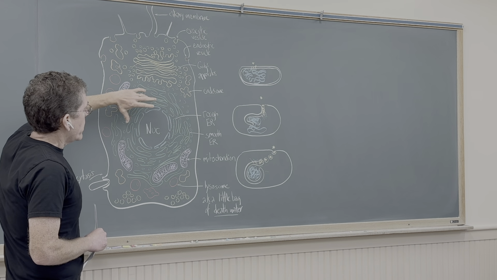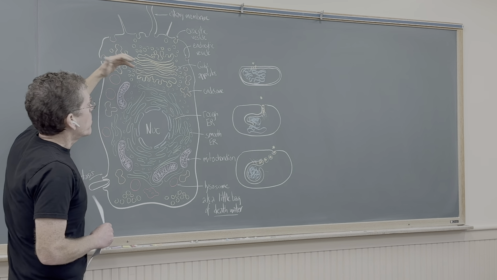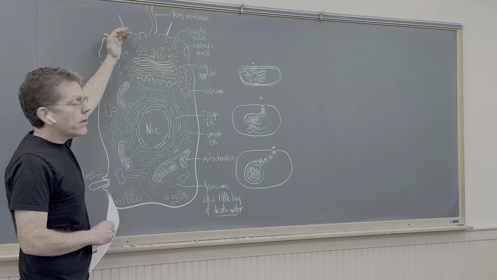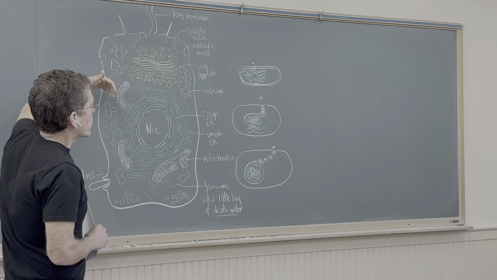Some protein entering the secretory pathway must have some signal associated with it that says whether it's destined for the outside world or another internal compartment or what.